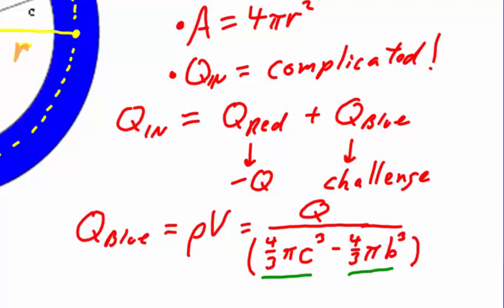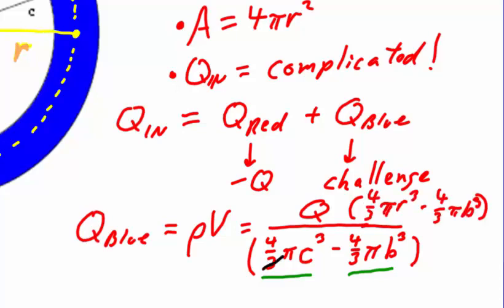Now that we've been able to write in a compact form the volume of a spherical shell whose outer radius is c and inner radius is b, when we look at the volume of the piece we have taken with our Gaussian surface, it is also a spherical shell, except that its outer radius is only r, not as big as c, but its inner radius is still b.